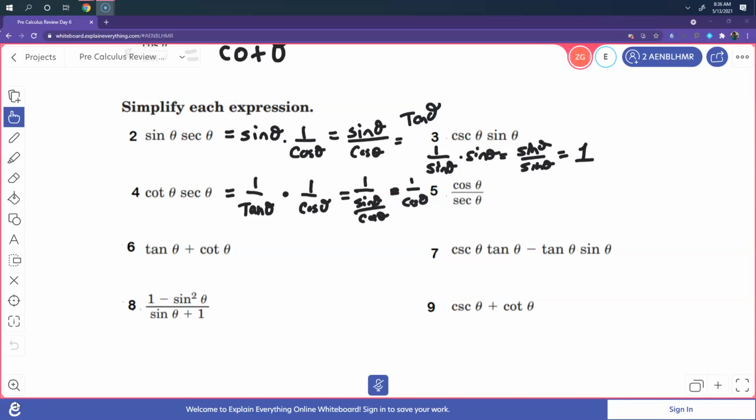You're going to get the reciprocal: cosine theta over sine theta times 1 over cosine theta, and those are going to cancel. So you're left with 1 over sine theta, which is cosecant theta.